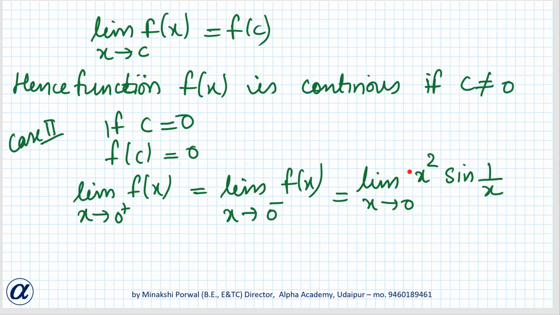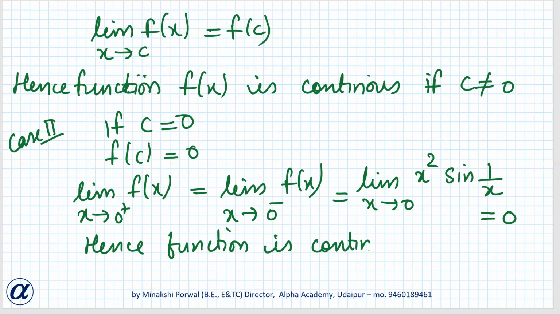And x squared will be 0. So 0 into any finite number will be 0 only. So this will be equal to 0. Hence function is continuous at C equals 0 also. So hence f(x) is continuous for all values of C.